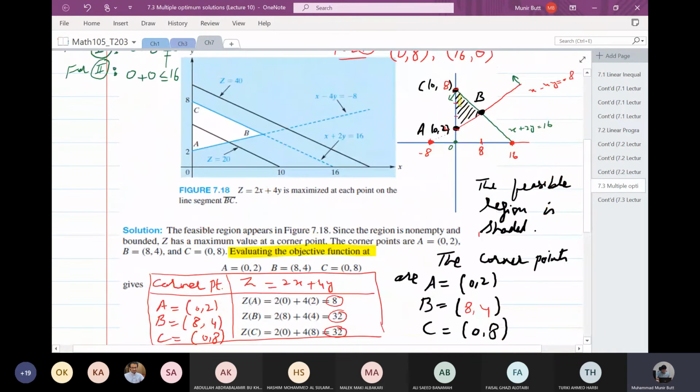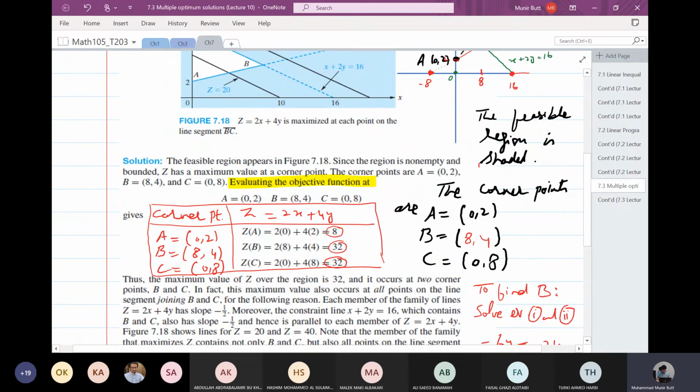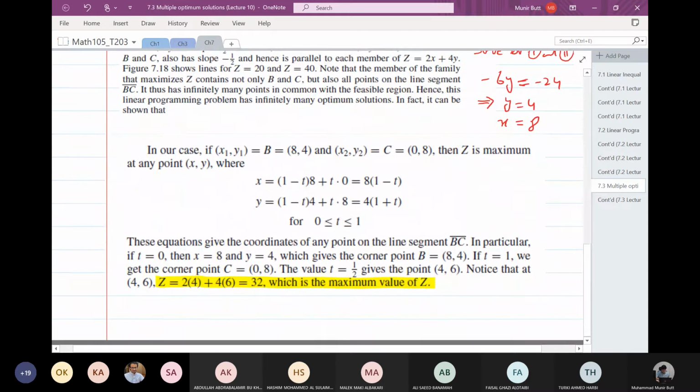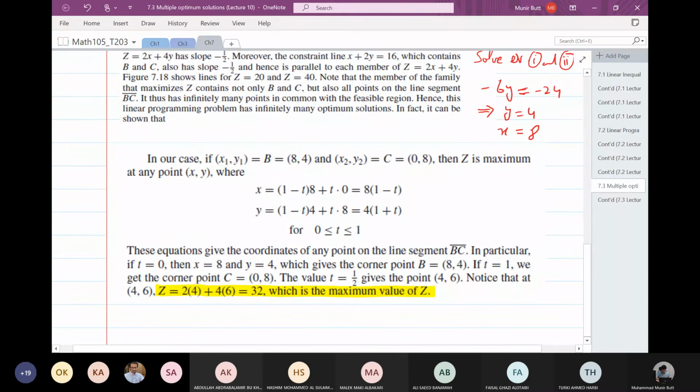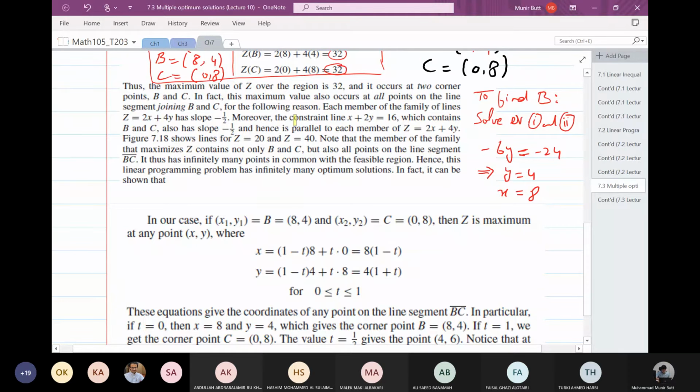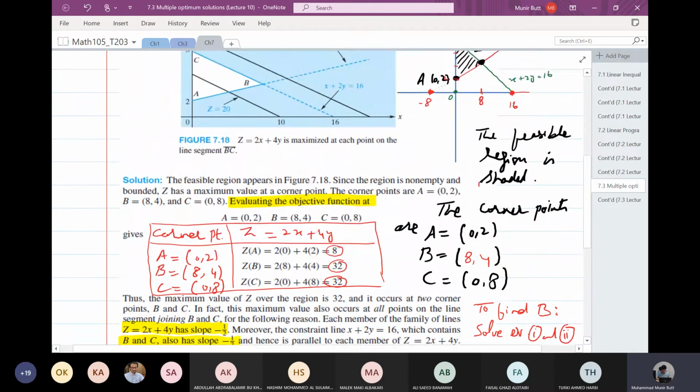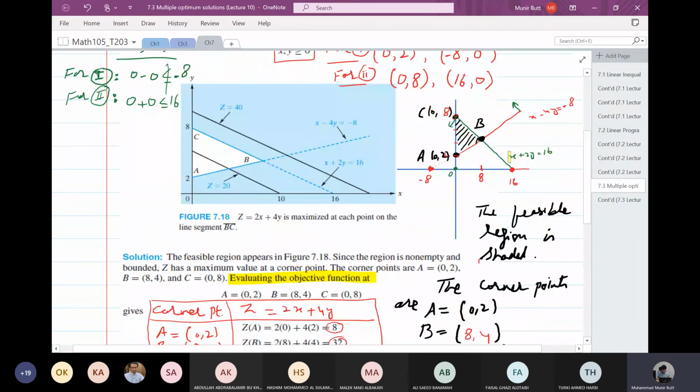If you see this BC line, the slope of this BC is minus 1 over 2, and the slope of this maximum function is again minus 1 over 2. So you see what the BC line is here? BC was this one. So what is the slope here?